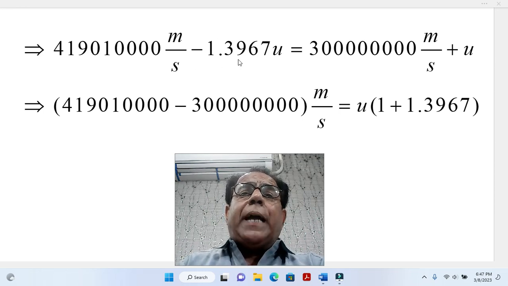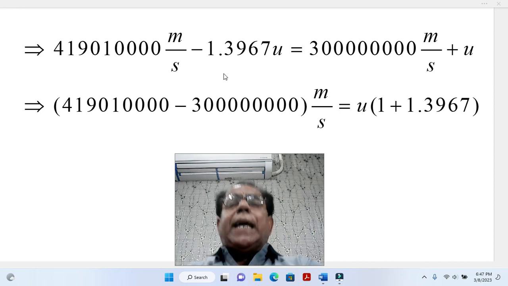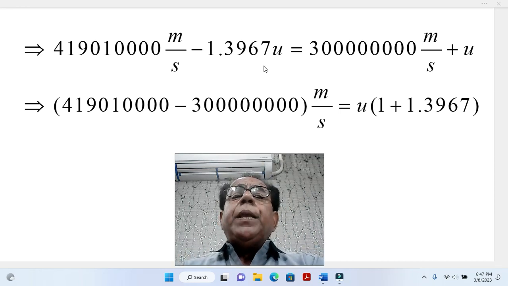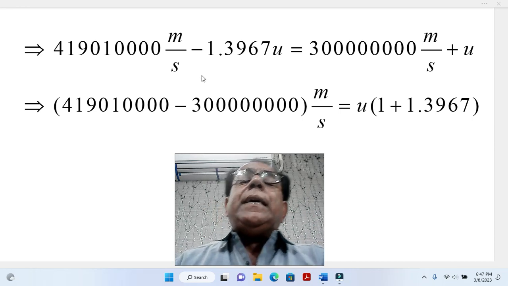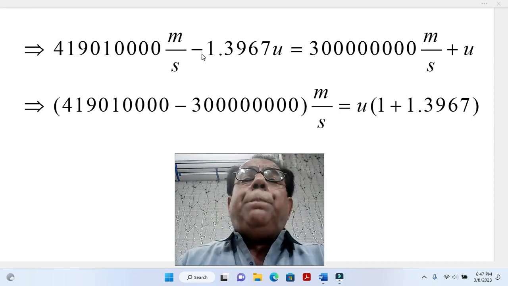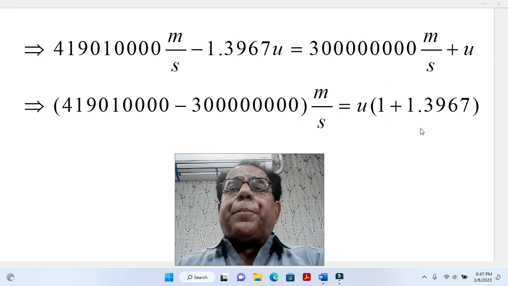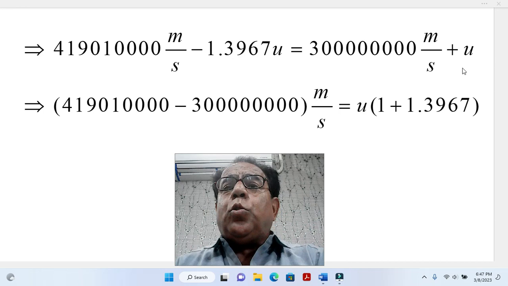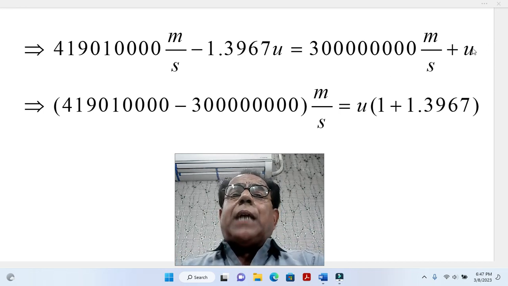Similarly, this 1.3967 u will be shifted to the other side of the equation, and its sign will become positive. On the other side it will become plus, and when it is shifted, u can be taken as common and 1 plus this will become the right hand side.